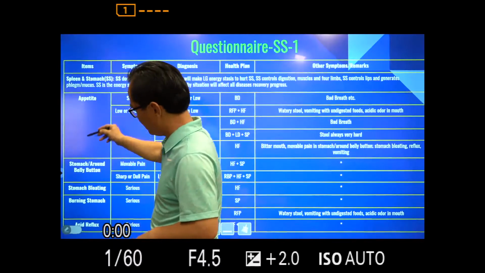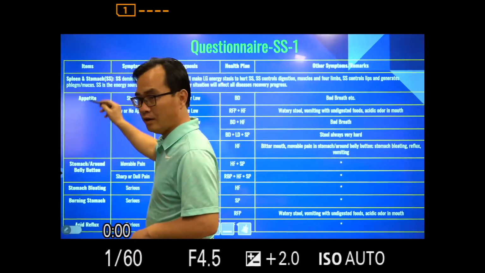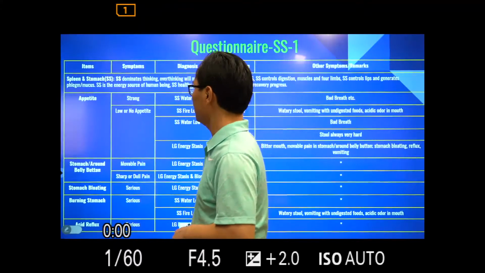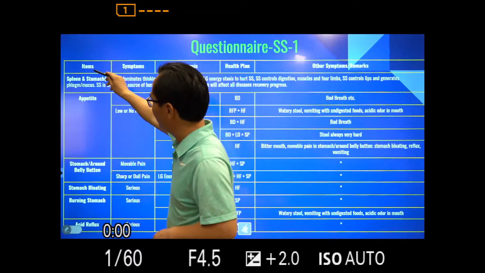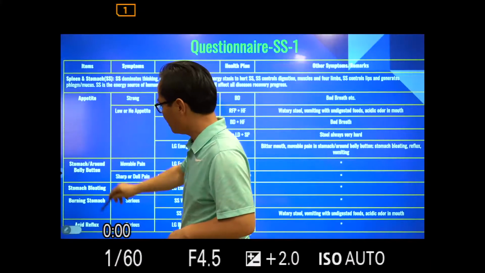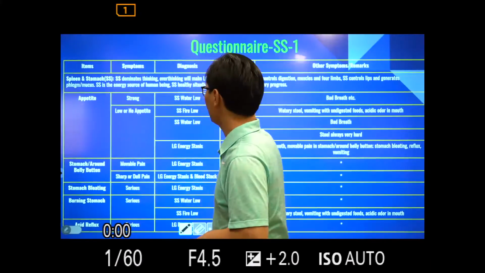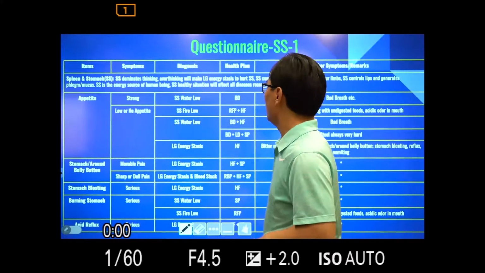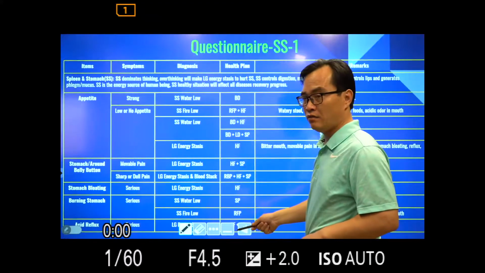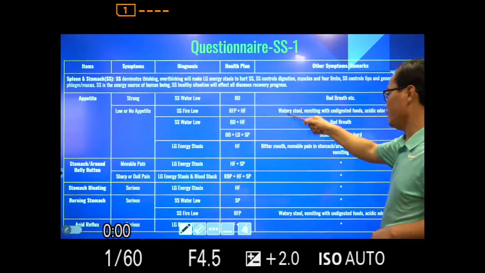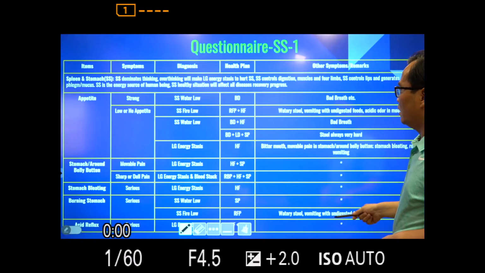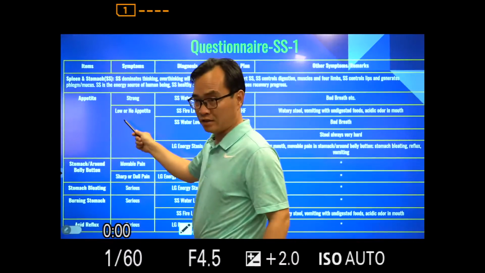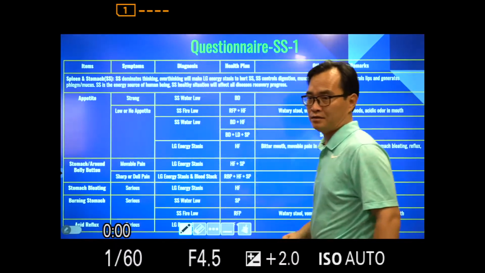Here is for checking the diagnosis, and here is the health plan for the formula combination, and here are other symptoms which help do the confirmation.